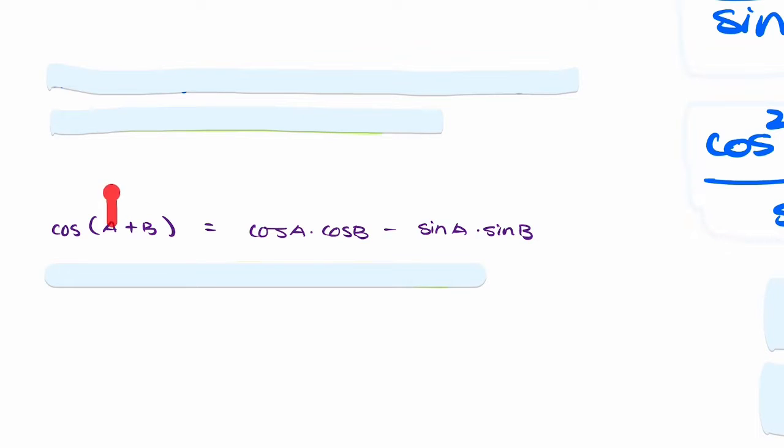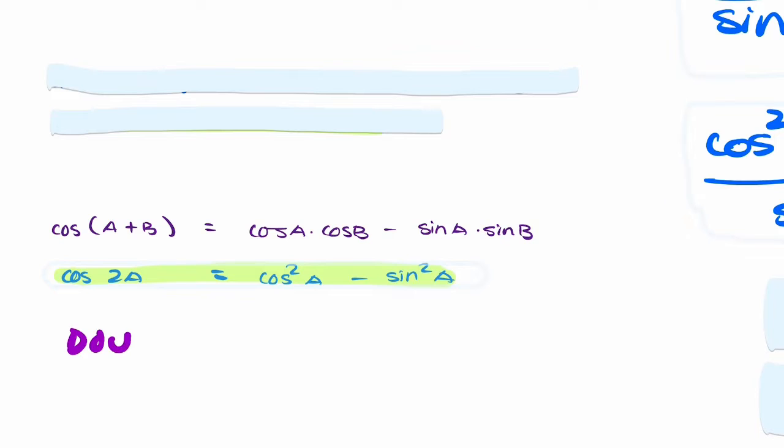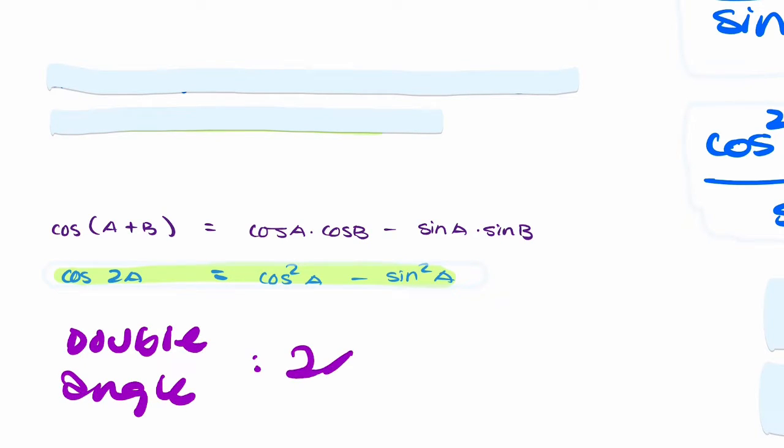And if A and B are the same, so if you have A plus A, then you'd have cosine 2A, and that's why we call it the double angle formulas, because 2A, that's double the angle, or double A. So cosine A times cosine A will give you cosine squared, and sine A times sine A will give you sine squared. So here we have an identity: cosine 2A is cosine squared minus sine squared.